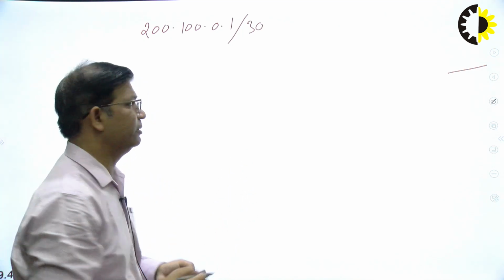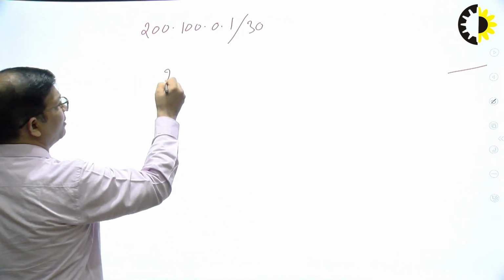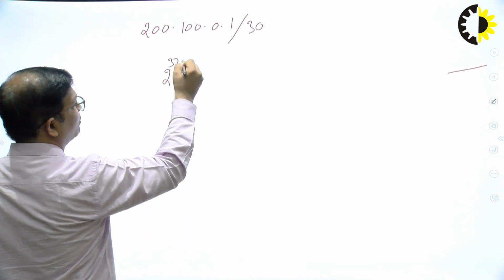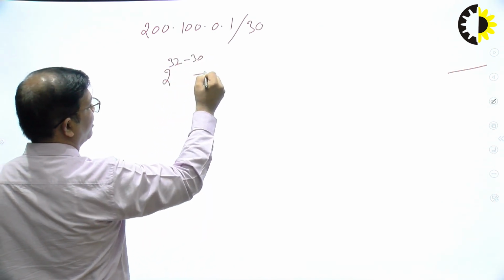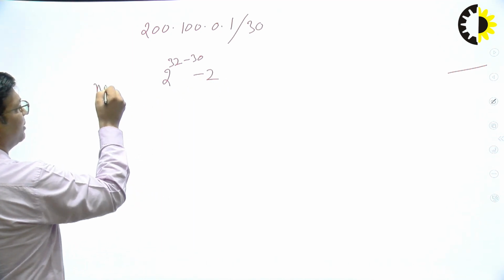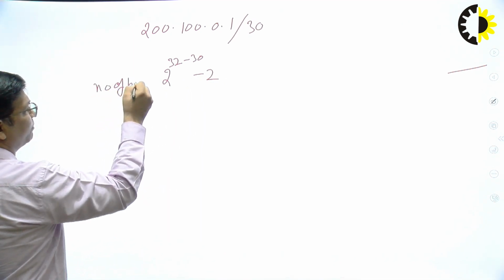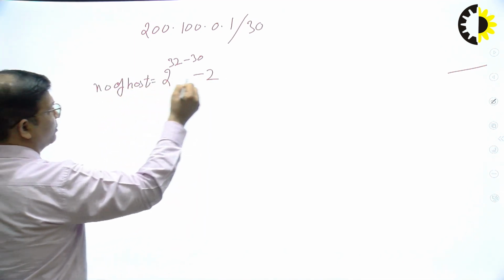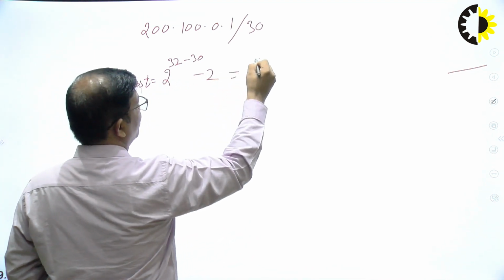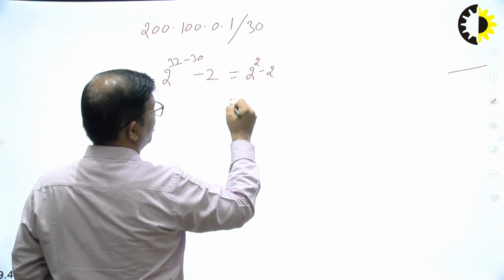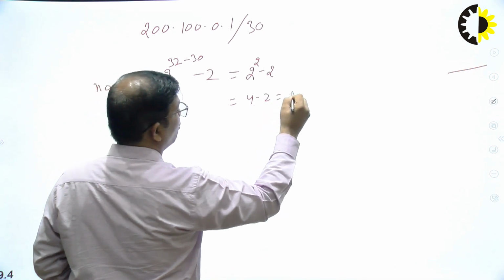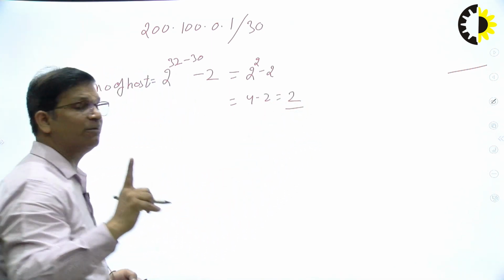The number of hosts we can find is 2 to the power 32 minus 30, minus 2. So how many? 2 to the power 2 minus 2. It means 4 minus 2. It means only 2 hosts can we have in a subnet.